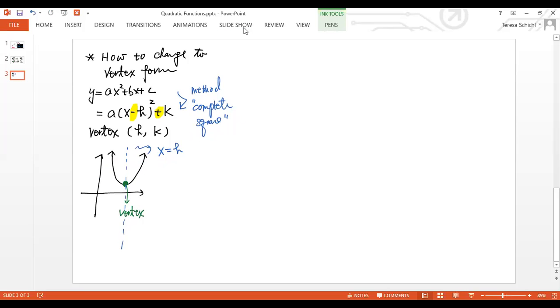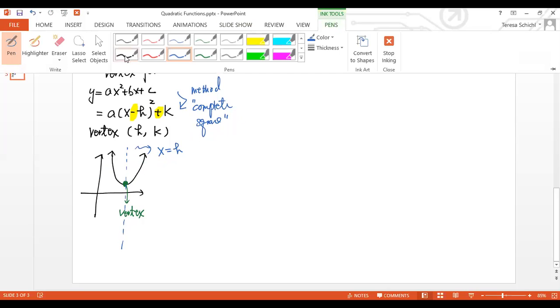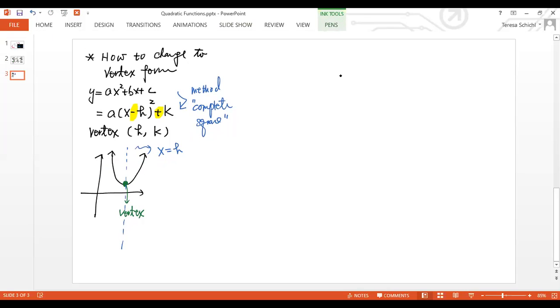Okay. Now the last thing we want to know is the discriminant. So what is the discriminant? Okay, the discriminant is b squared minus 4ac, right?